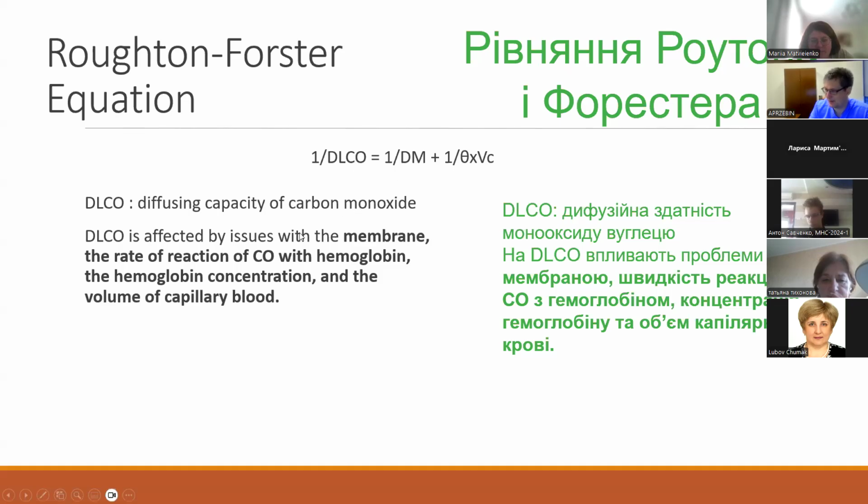But all that we really need to know, practically speaking, is that the DLCO is then affected by issues with the membrane, issues with the rate of reaction of carbon monoxide with hemoglobin, that's this theta, the hemoglobin concentration, the volume of capillary blood. And that's what we get from the Roughton-Forster equation.